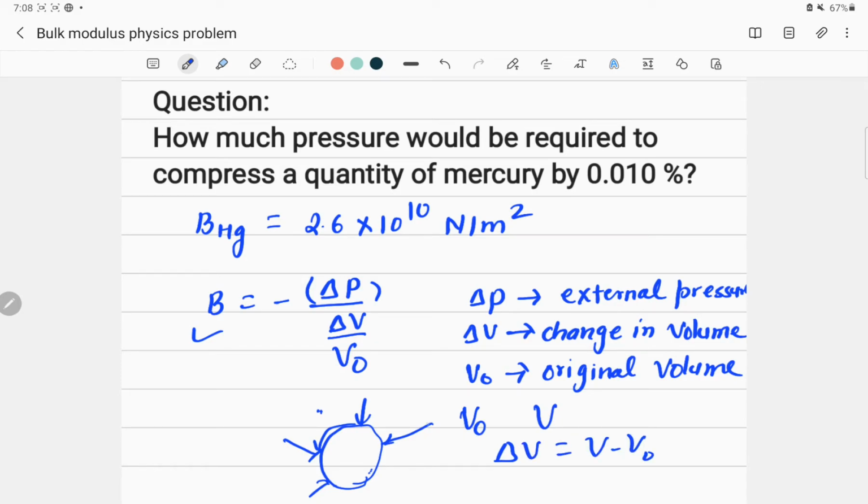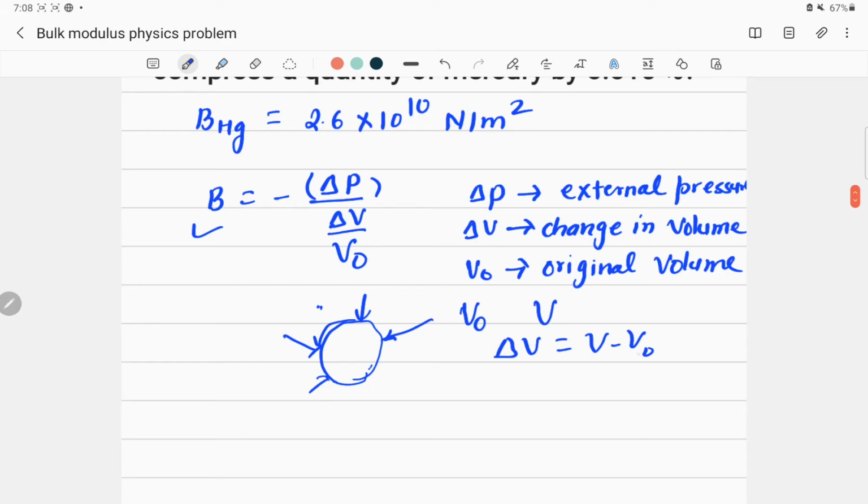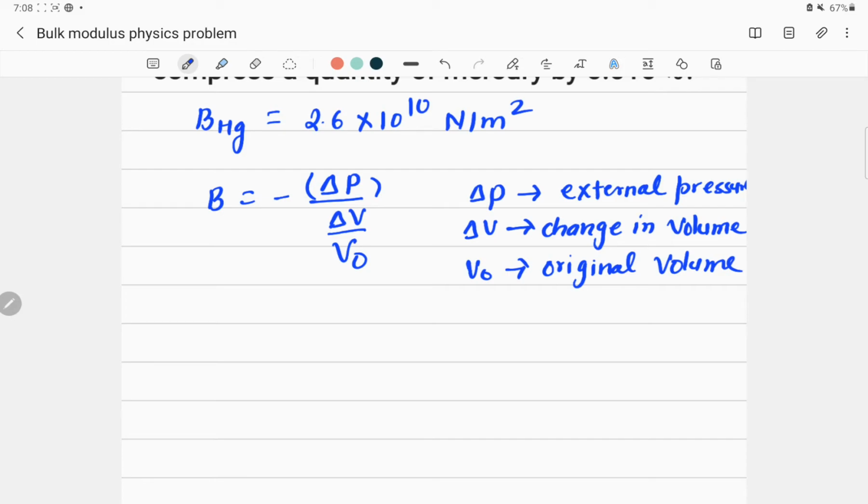When you compress, the initial volume will be larger than the final one, so you get a negative number. So ΔV is negative, and to make B positive, we have to introduce the negative sign in the formula.